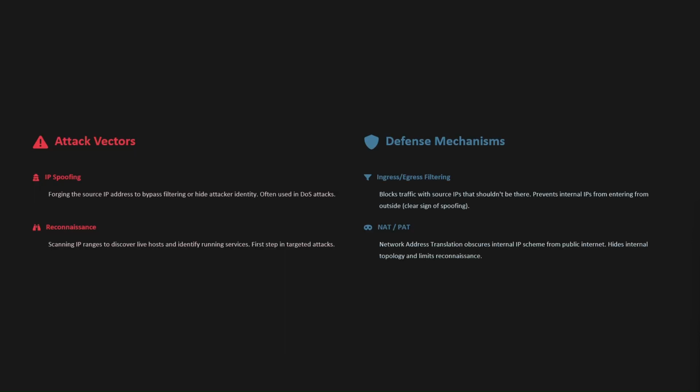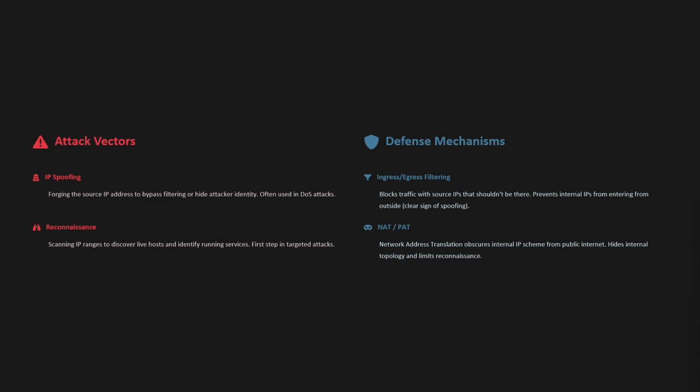The security implications of IP addressing are vast. The most common attack is IP spoofing, where an attacker forges the source IP address of a packet. This is often used in denial of service attacks or to bypass simple firewalls that only check the source address.